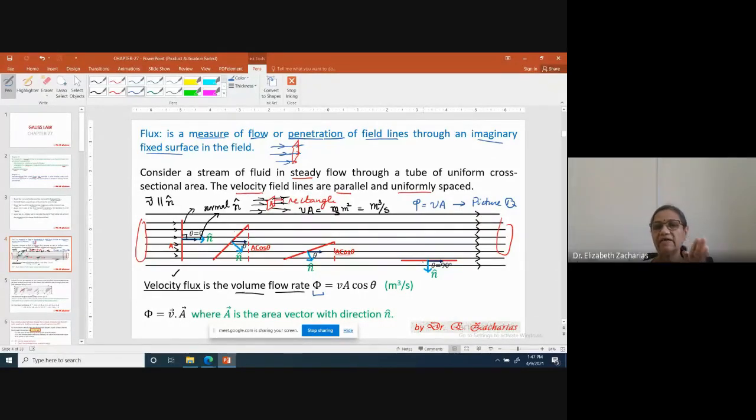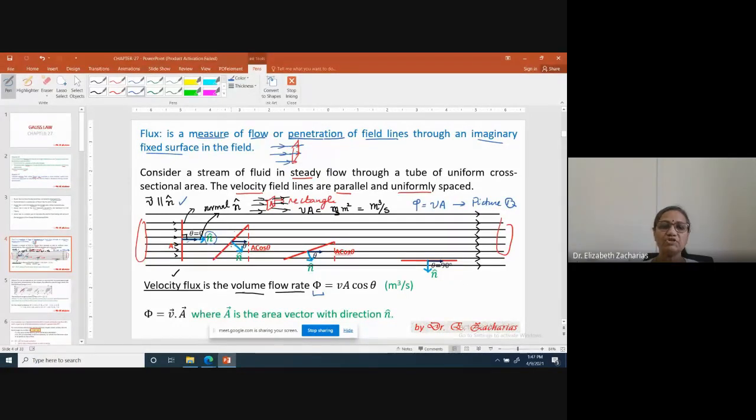What is the angle that this area vector is going to make with the field? In the first picture, we will take this area, draw a normal. This is my n cap vector. I find that my V and n cap are parallel, or theta is 0, where theta is the angle between the V vector and n cap vector.